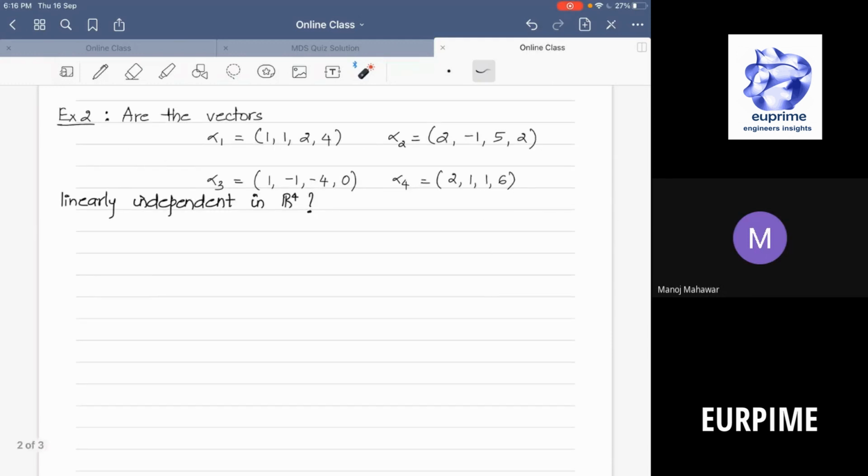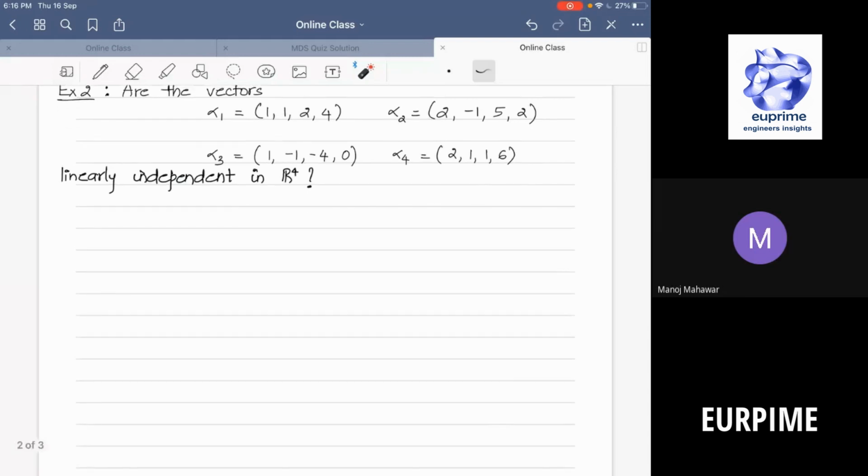Let me solve. I can rewrite these vectors in matrix form: 1 1 2 4, which is alpha 1, then alpha 2 as 2 minus 1 5 2, alpha 3 is 1 minus 1 minus 4 0, and alpha 4 is 2 1 1 6.